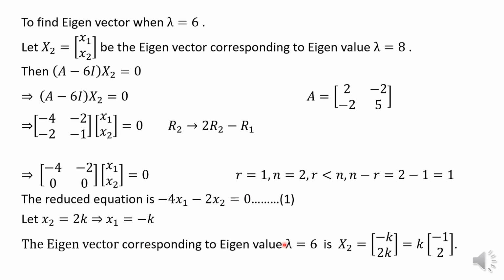Therefore the eigenvector corresponding to the eigenvalue lambda is equal to 6 is X2 is equal to [-k, 2k]. Taking k common we get the column vector [-1, 2] is the eigenvector corresponding to the eigenvalue lambda is equal to 6. There is a correction here, this is lambda is equal to 8. Make it correct. Lambda is equal to 6.